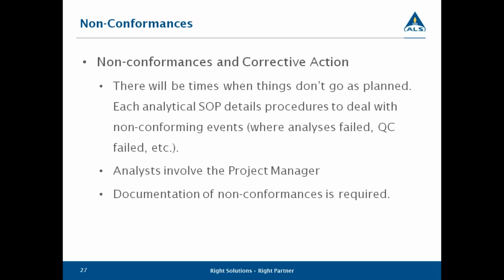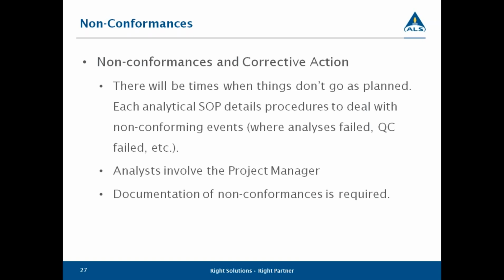So once everything is said and done, there are situations that will arise where there are nonconformances, things don't go as planned. Each analytical SOP details procedures to deal with these nonconforming events where QC has failed.